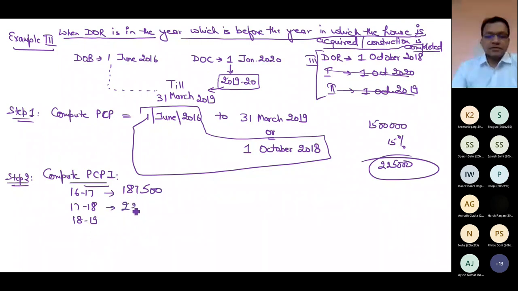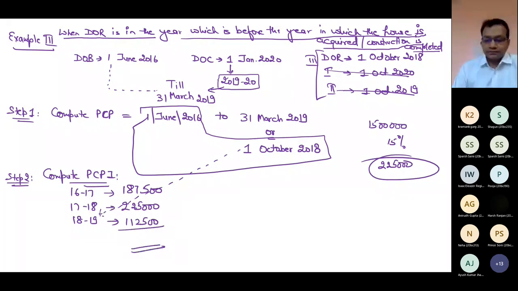So this year is complete. And can you tell me what is the interest of 18-19 in this case? 1,12,500. Why? Because my 18-19 ends on 1st October 18 itself. So only the first 6 months' interest.